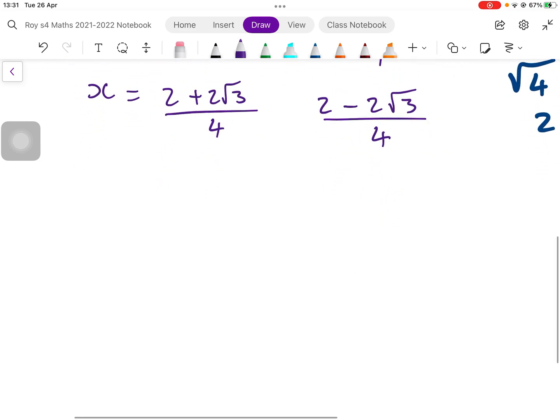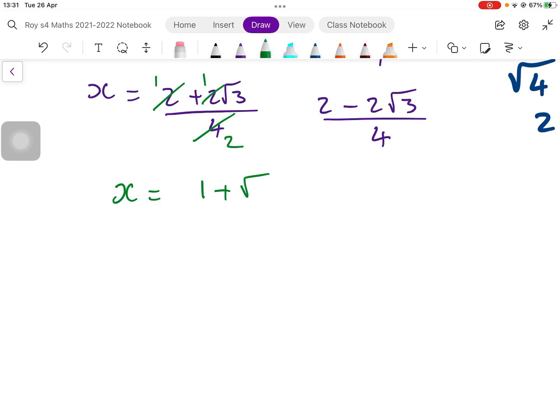And we can see now that the bottom of my fraction, the 4, divides by 2, and both the terms in the top also divide by 2, so 4 divided by 2 is 2, 2 divided by 2 is 1, 2 divided by 2 is 1. So this solution becomes 1 plus root 3 all over 2.